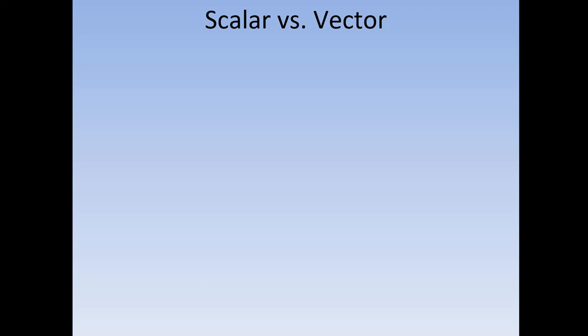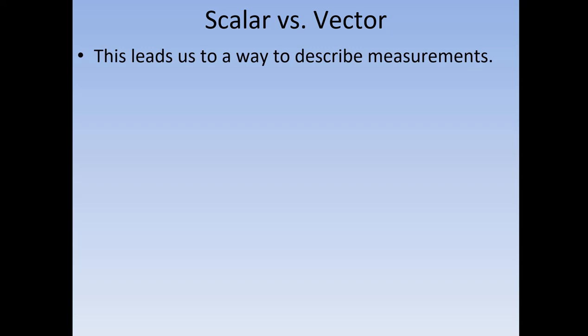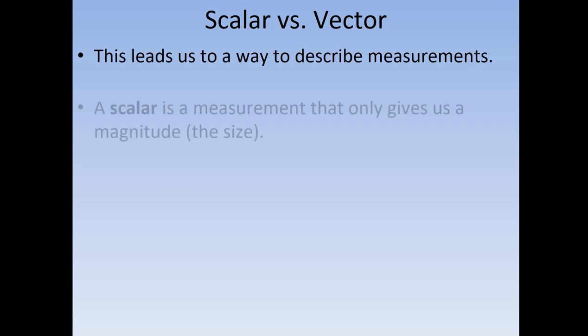Now, both of these are actually more math terms, but we can still use them in this class. So, what we're going to find out is that every measurement that we have in this class can be put into one of these two categories. If it's put into the scalar category, then that means that it's a measurement that only gives us a magnitude, or another way of saying that is its size.